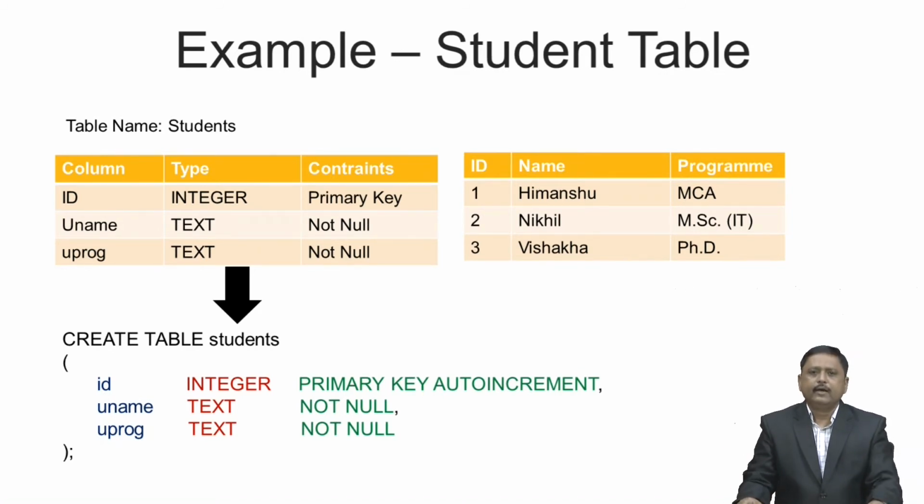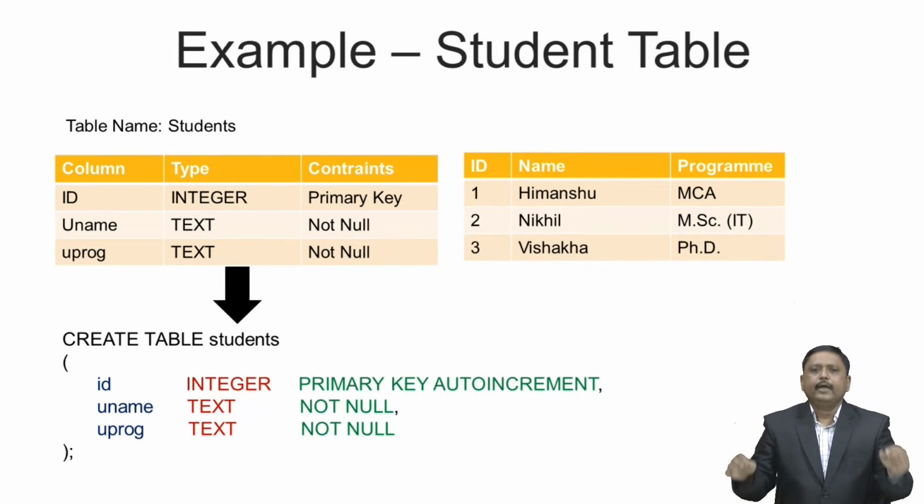Then there are 2 fields, username and user program. So, both are of type string, so we write down text as the type and then the constraint. Constraint means what kind of data we want to accept from the user, right. So, here we write down not null. What does it mean?